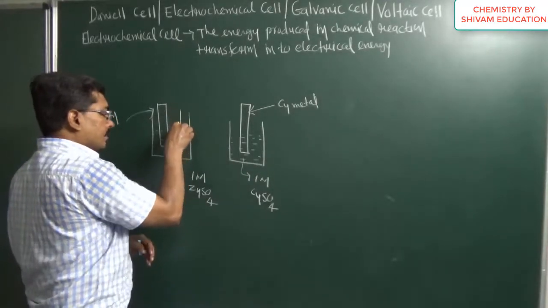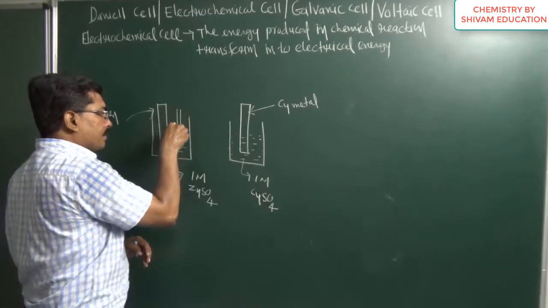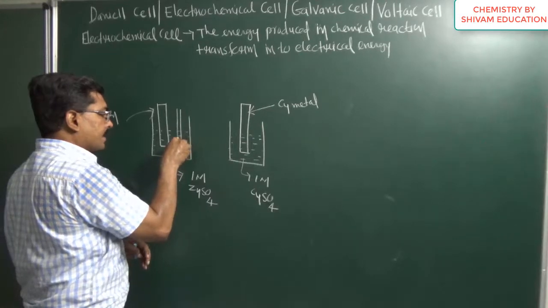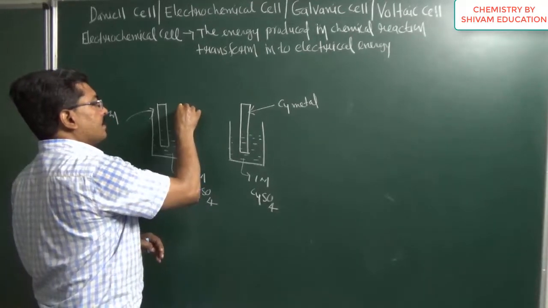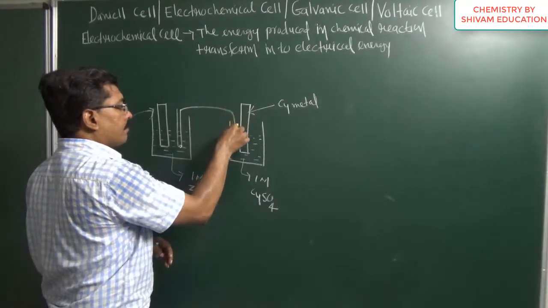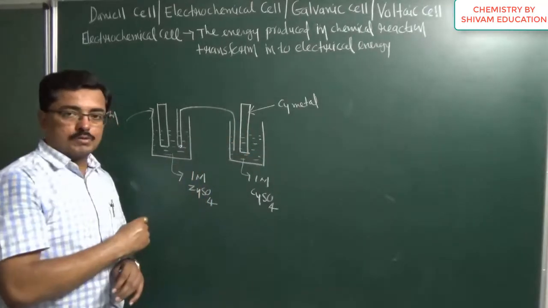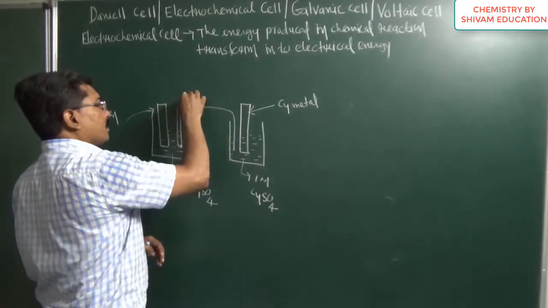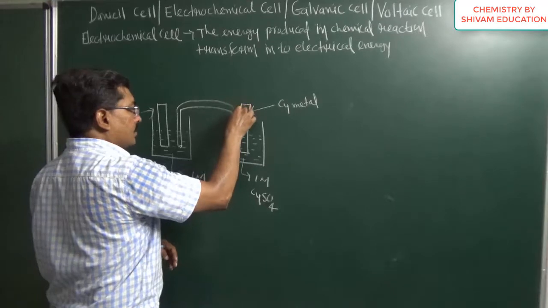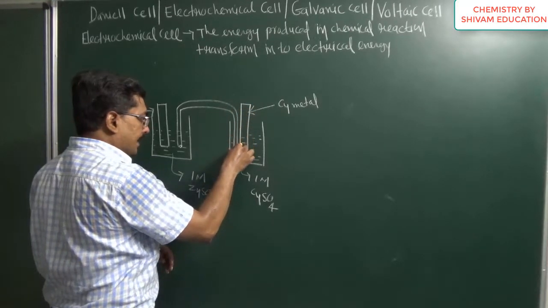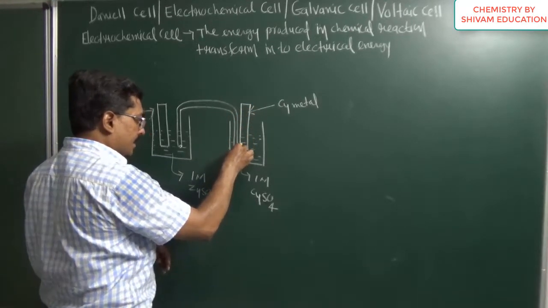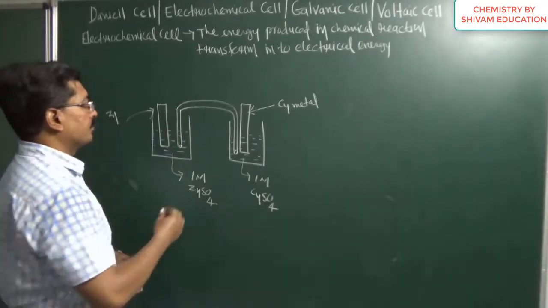So here when zinc metal strip is placed in zinc sulfate solution, we are getting zinc half cell. Similarly, when we put copper metal strip into copper sulfate solution, then we are getting copper half cell. Now these both cells are connected through a glass tube.